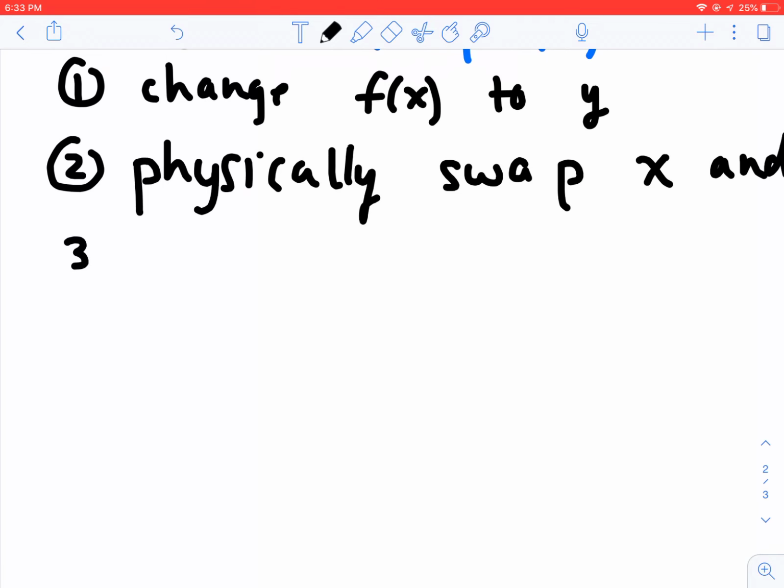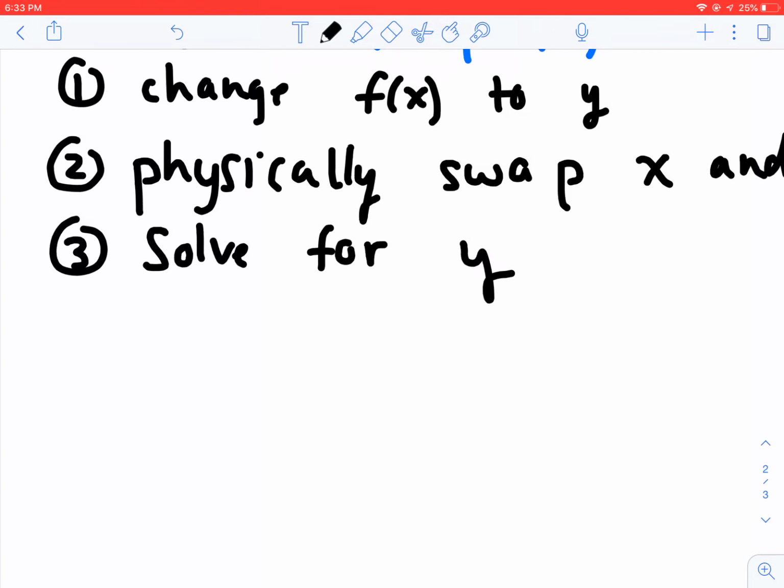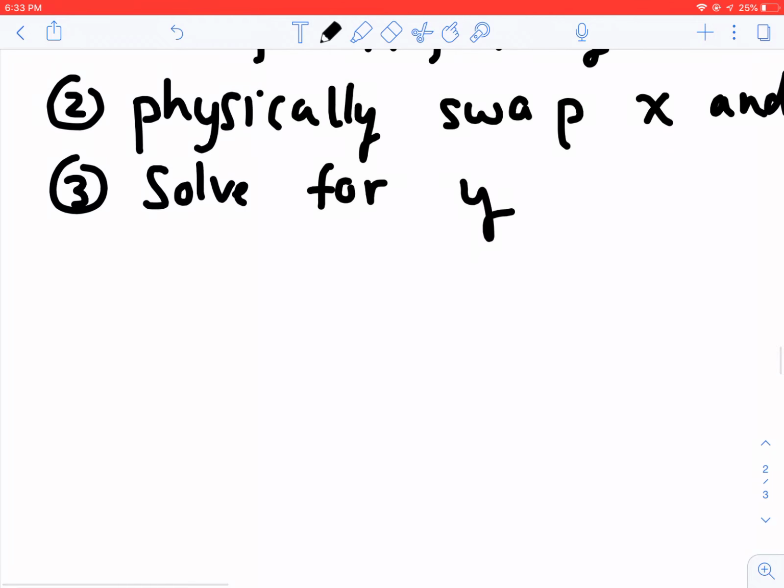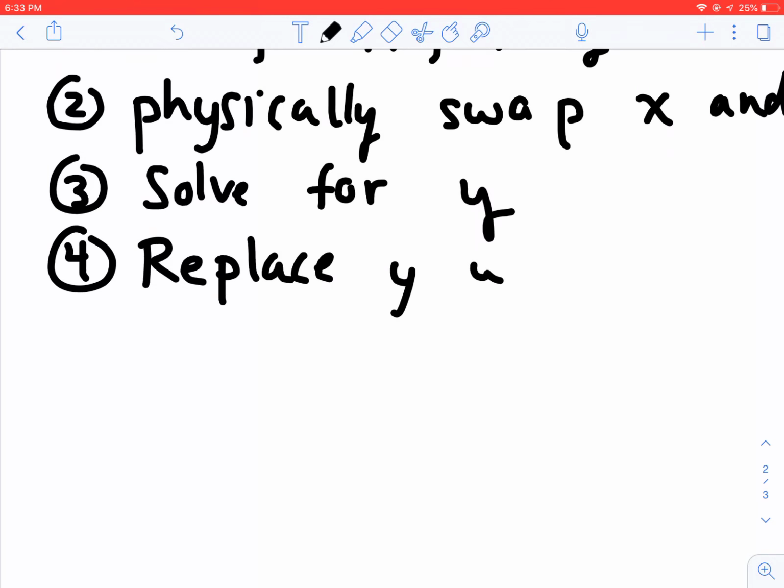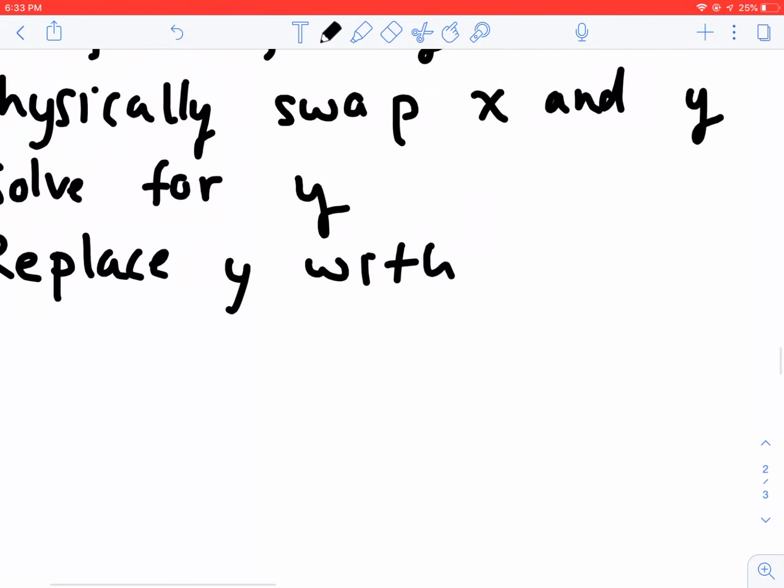All right, step 3 is we're going to solve for y. And then the last step is you replace y with the correct notation for the inverse function.